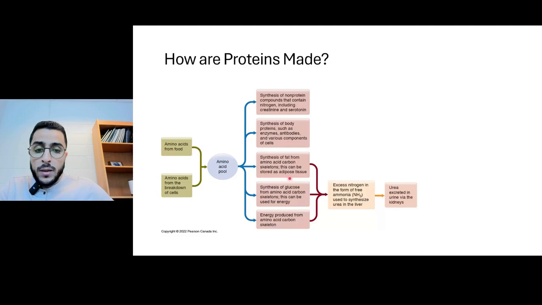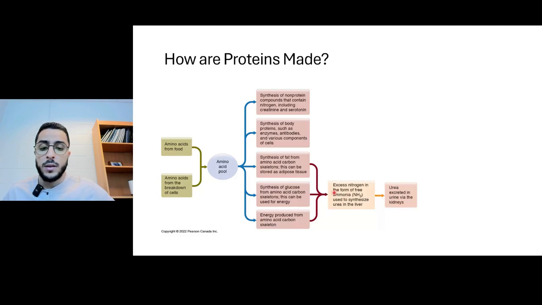Okay? The excess nitrogen in these reactions, because nitrogen will be released as the reactions happen, will form ammonia, okay? And this ammonia is converted into urea in the liver, and urea is excreted in the urine via your kidneys.